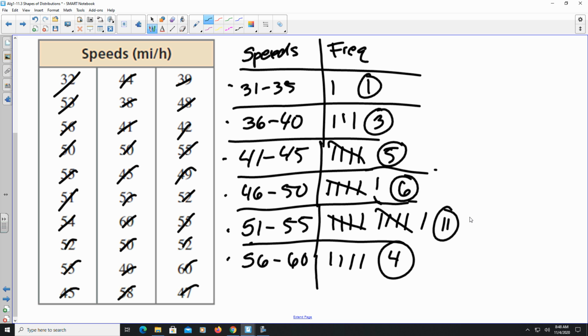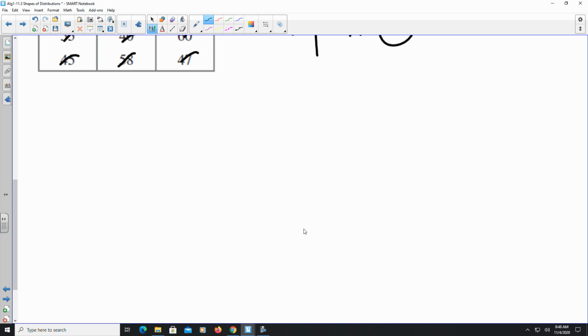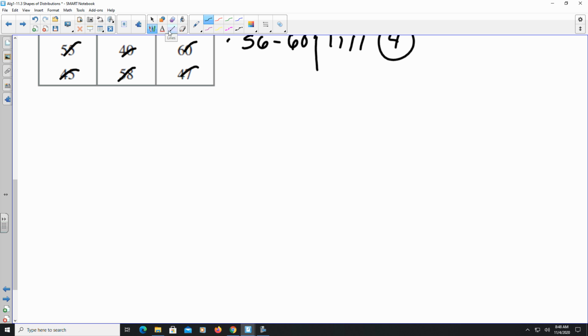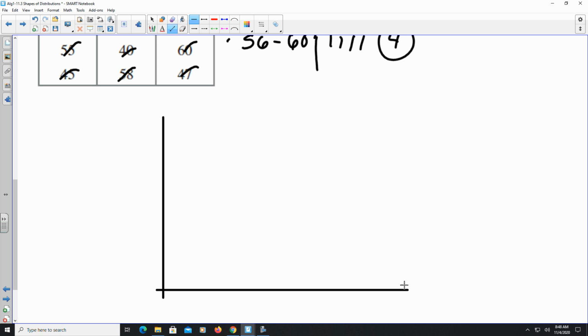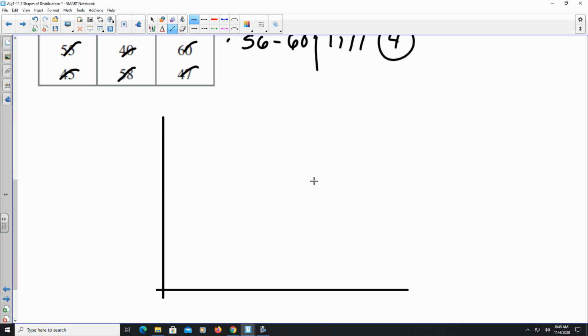Okay, so let's make our table here. So again, my largest number is 11. So what I'll do is I'll make them in increments of 2.